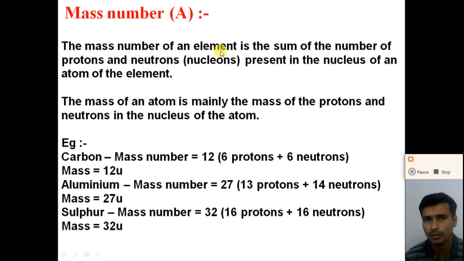The mass number of an element is the sum of the number of protons and neutrons, which are combinedly called nucleons, present in the nucleus of an atom.